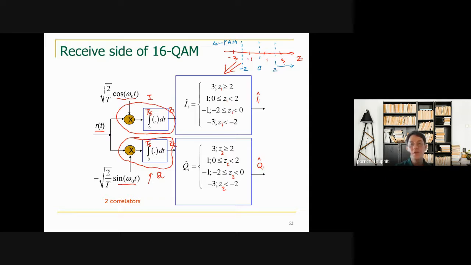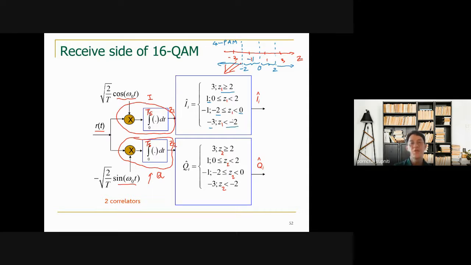If Z is greater than 2, then we decide on symbol 3. If Z is between 0 and 2, we decide on symbol 1. You can see the pattern. If Z is between minus 2 and 0, we decide on minus 1. And if Z is less than minus 2, we decide on minus 3.